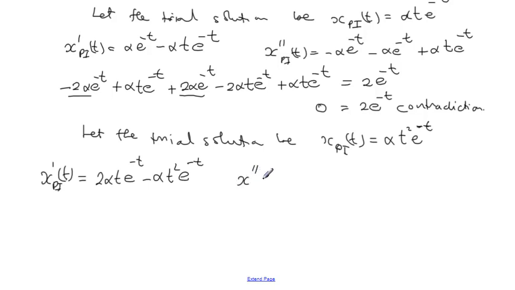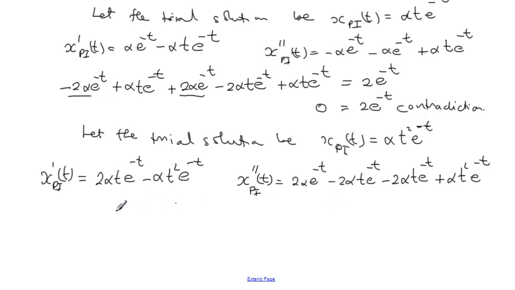Now, second derivative, differentiating this, we've got 2 alpha e to the power minus t minus 2 alpha t e to the power minus t. We finished differentiating this product. And differentiating here, we're going to get minus 2 alpha t e to the power minus t plus alpha t squared e to the power minus t.